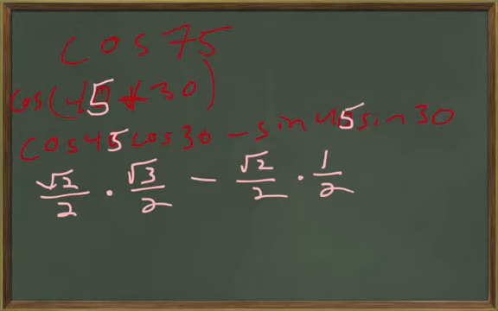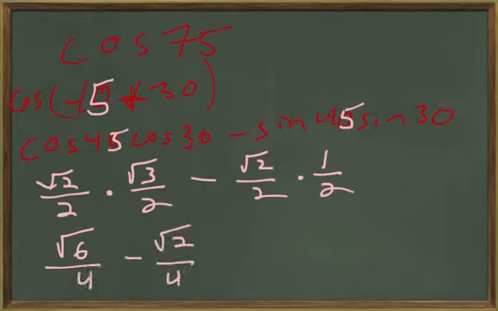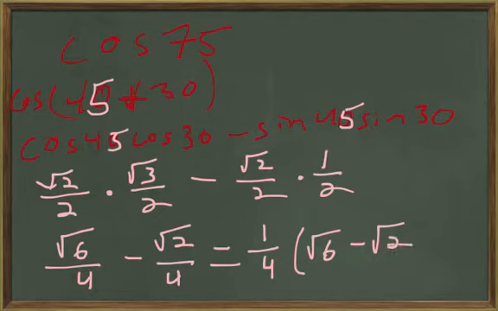So 2 times 2 is 4, so this ends up being square root of 6 over 4 minus square root of 2 over 4. This is the same as 1/4 of square root of 6 minus square root of 2. And that is the end of this example.